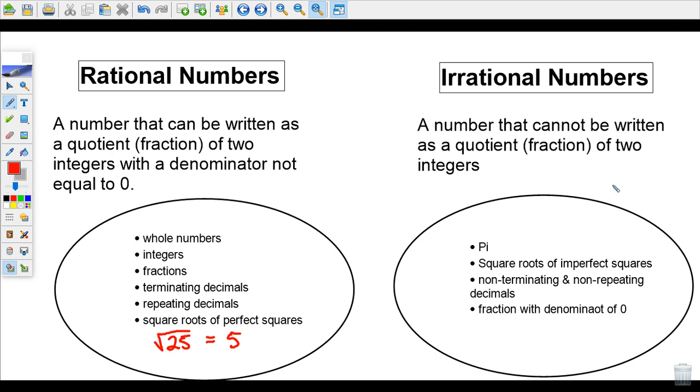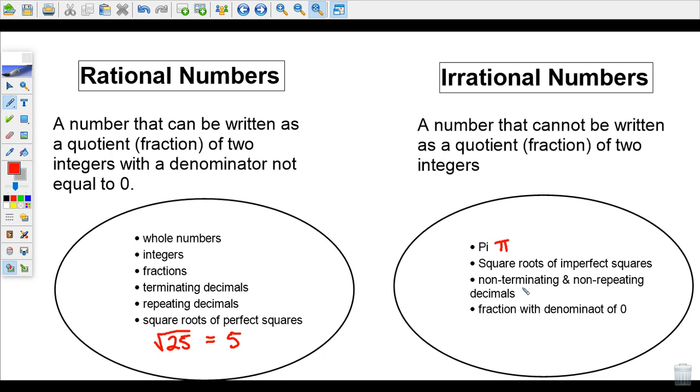On the flip side, irrational numbers, the exact opposite, are numbers that can't be written as a fraction of two integers. The most famous example is pi. Pi is an irrational number. The decimal form of pi goes on and on and on, so it does not terminate, and it also does not repeat digits. Square roots of imperfect squares, numbers that are not perfect squares, such as 31 or 22, are not perfect squares, so the square roots of those numbers are irrational.